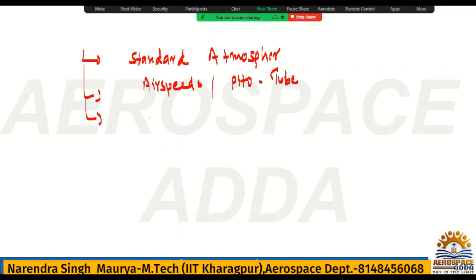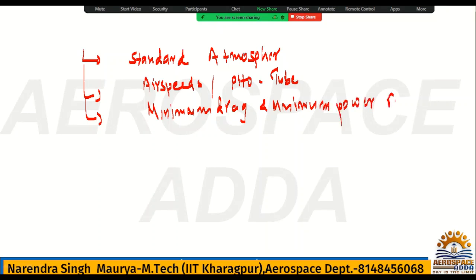Then we had seen minimum drag and minimum power required.